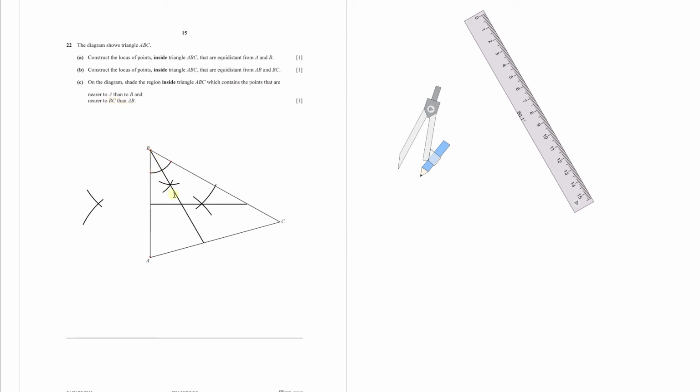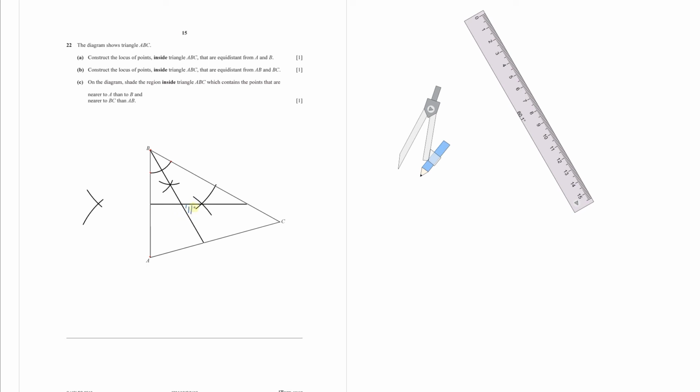So all the points towards the right of this angle bisector are closer to line BC compared to line AB. So you're looking for a region that is towards the right of this angle bisector and below this perpendicular bisector of AB. So that region will be this one here.